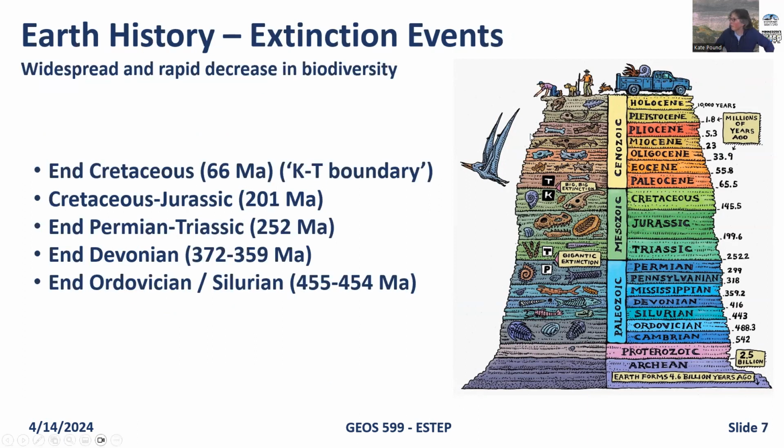So as you've noticed on our column here, not only do fossil organisms evolve over time, but Earth has also experienced some really, I'll say, life-changing extinction events. So essentially what happens is there is a widespread and rapid decrease in biodiversity. So something happens to kill off a whole bunch of organisms.